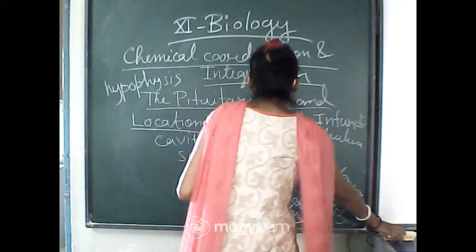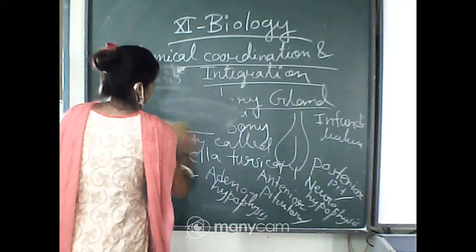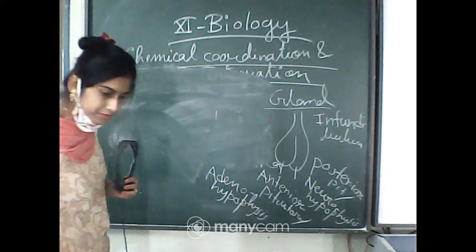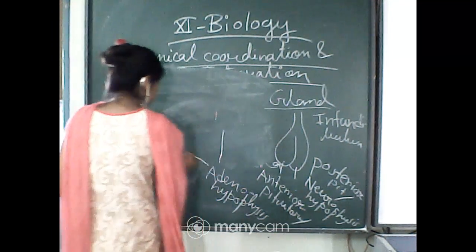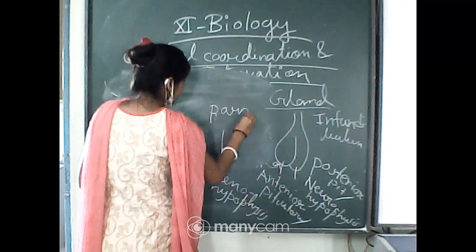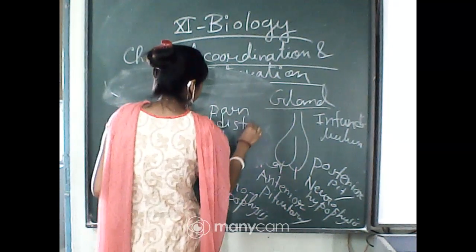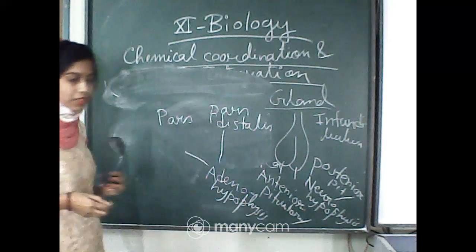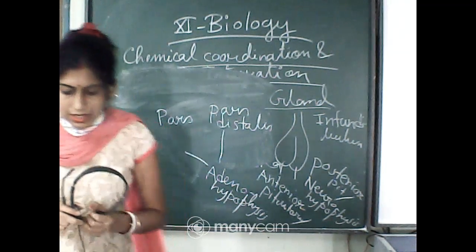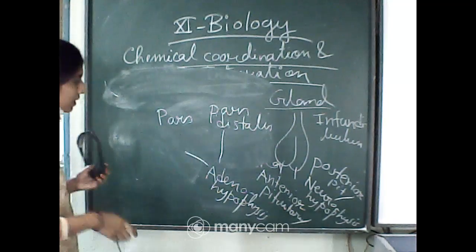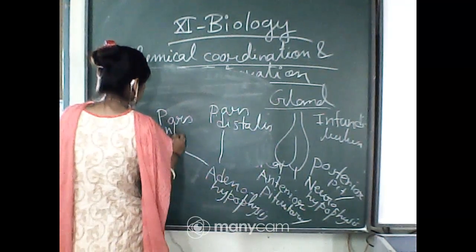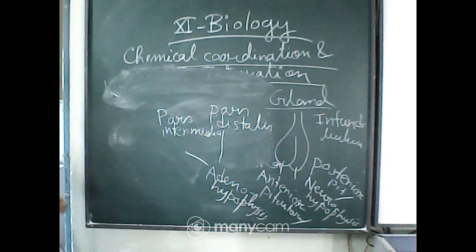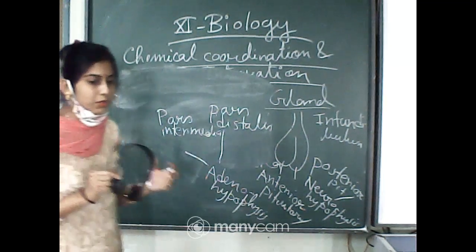Okay, let me write it down. The two parts are, first part is pars distalis and the second part is pars intermedia. And another small part is there which is called pars tuberalis.